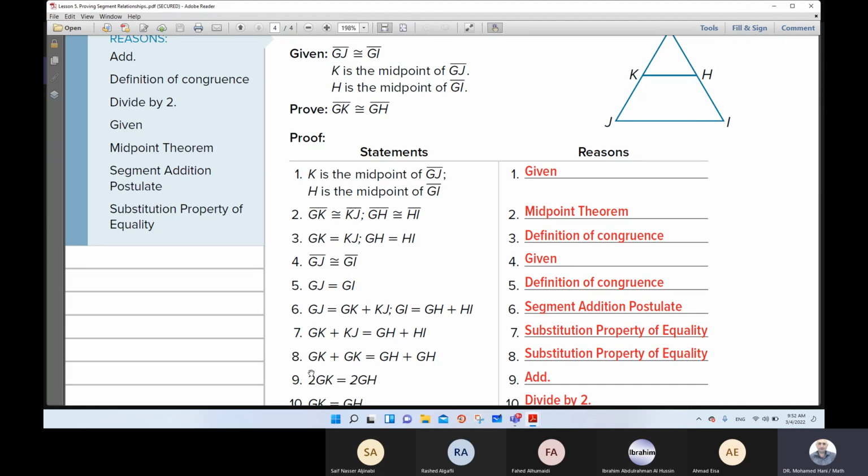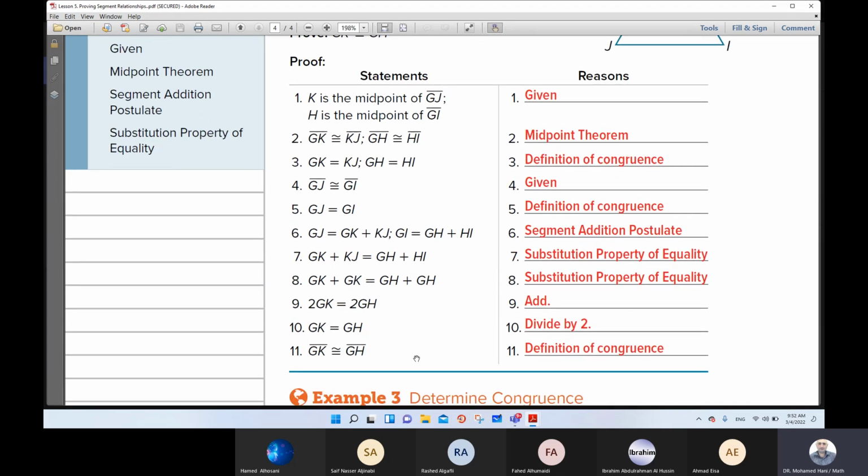Then we know GK equals KJ. So we can substitute here the value of KJ with the value of GK. So we can write GK plus GK, and here use the same idea, GH, and substitute the value of HL, GH.